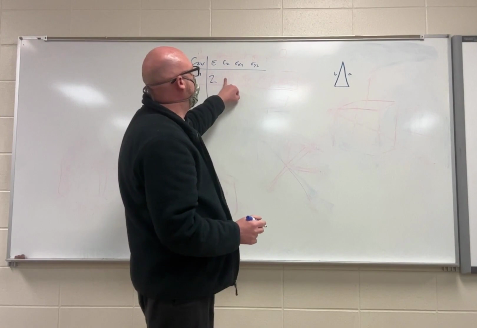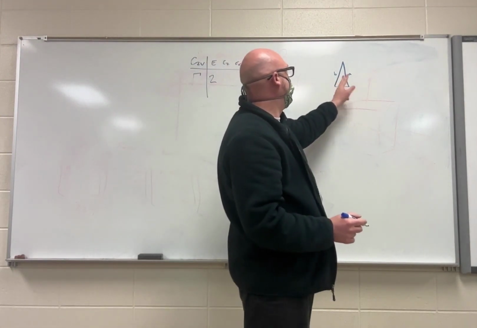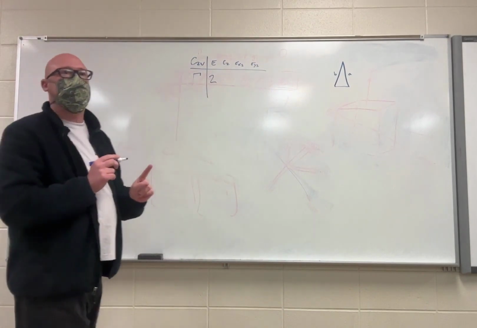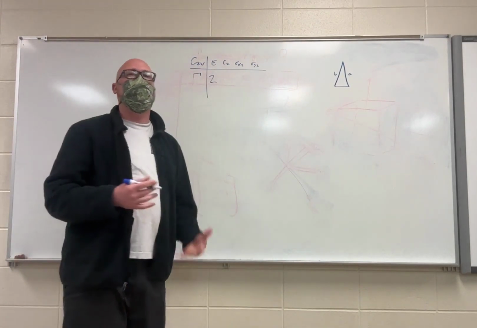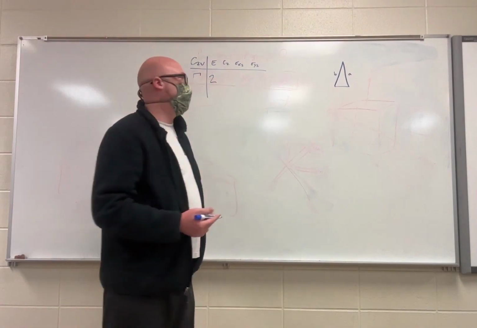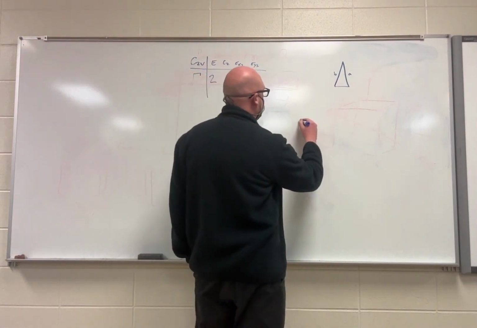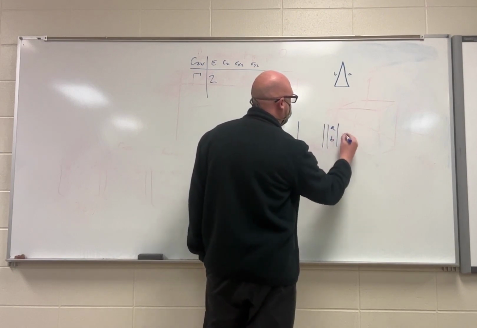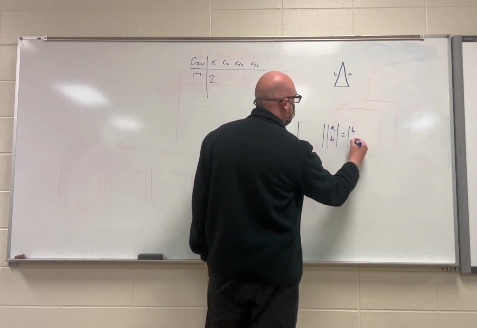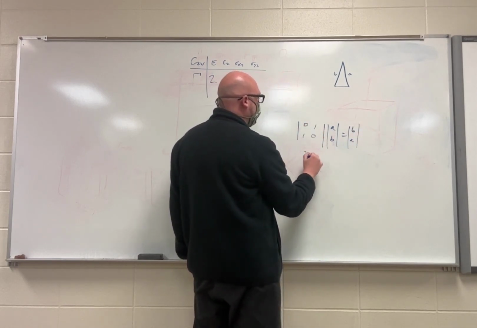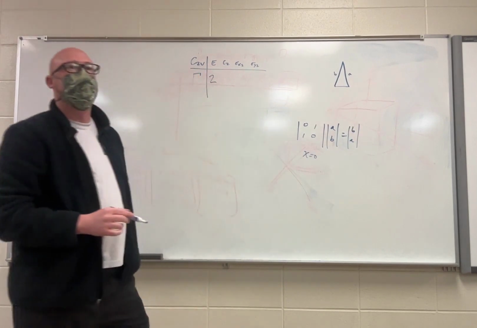If I perform the C2, A goes to B and B goes to A. They go to the other position, and they each contribute 0 to the overall character. If I were to express that in transformation matrix form, I would have 0, 1, 1, 0, character equals 0.